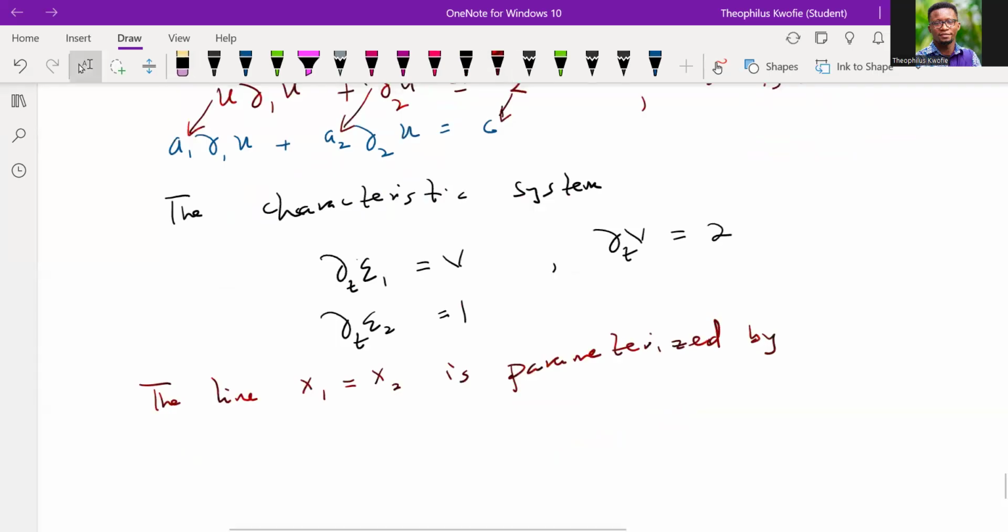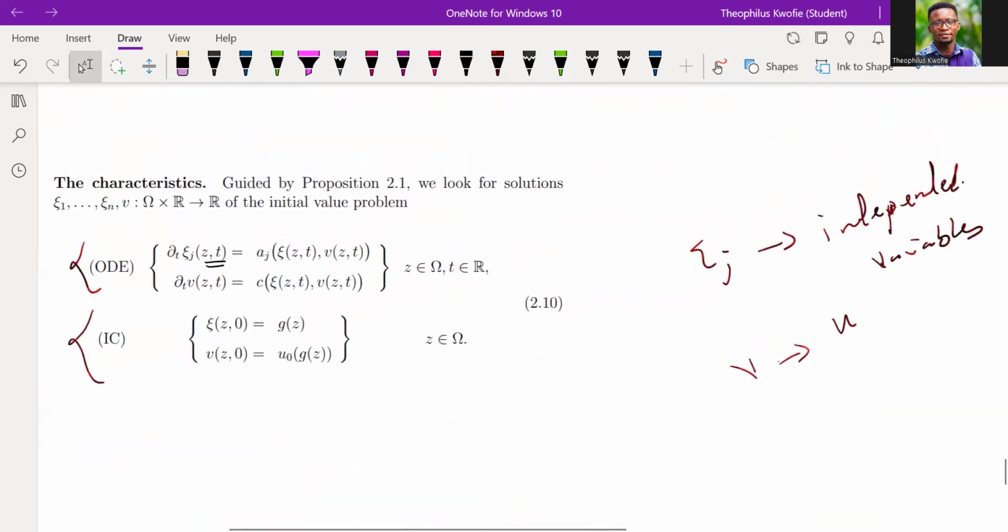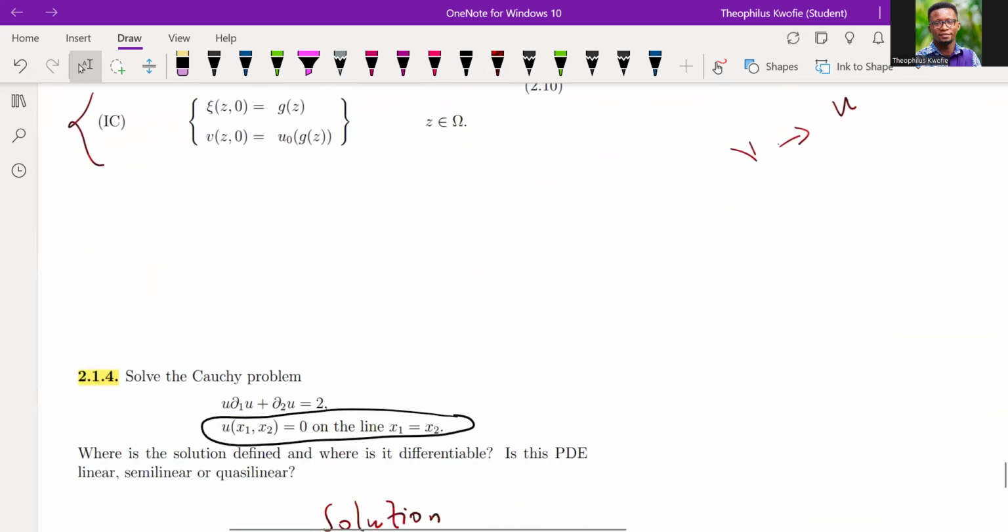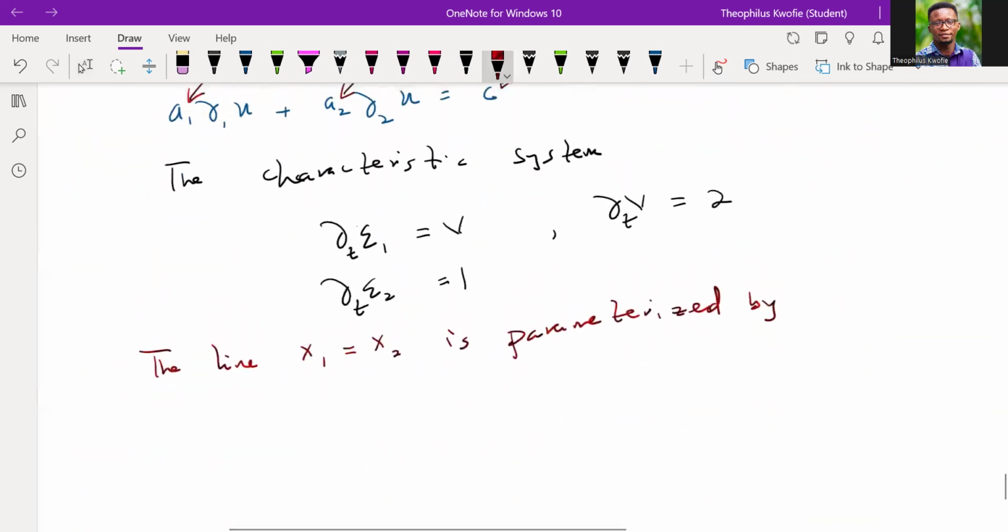We parameterize it in terms of z, so j of z equal to z and z.